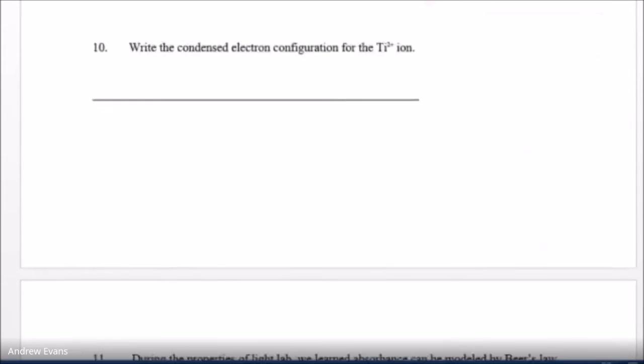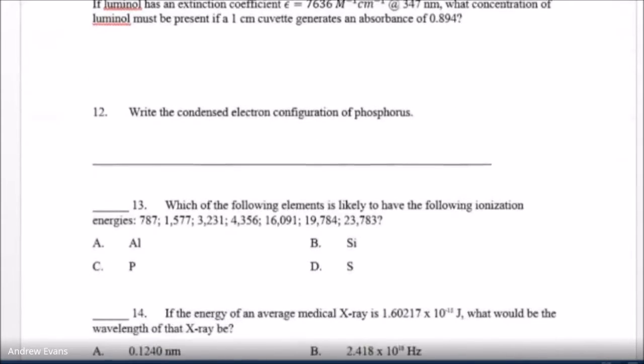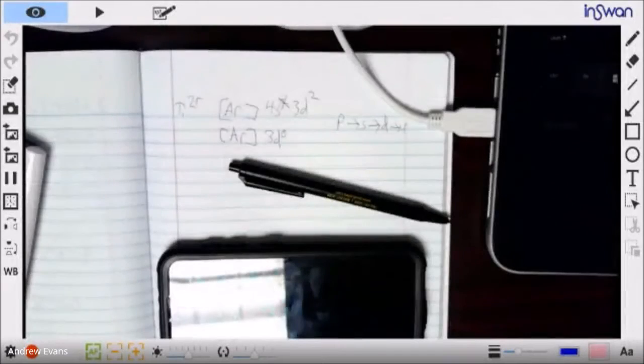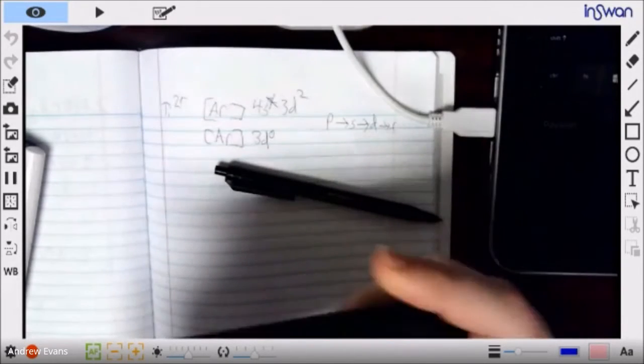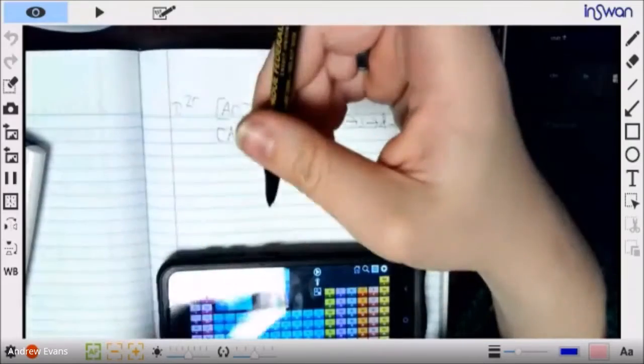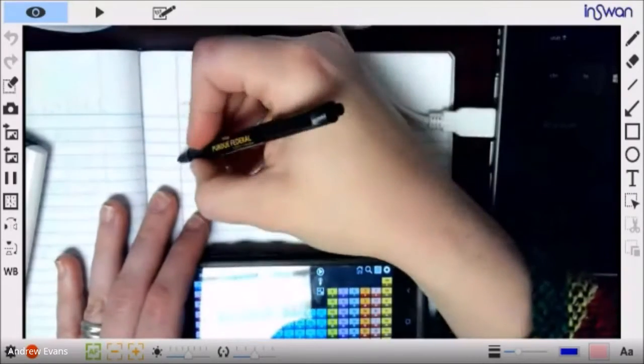Okay. Skipping that one. Condensed electron configuration of phosphorus. A lot of this test can be done directly from the periodic table. So phosphorus, right there.